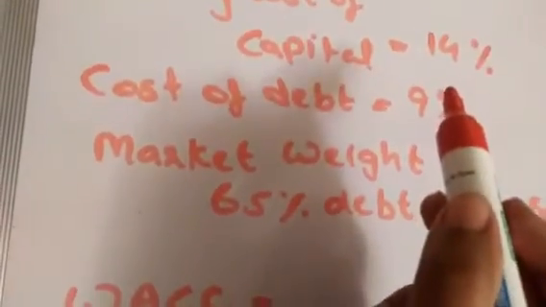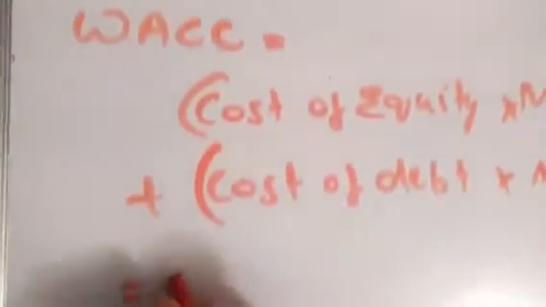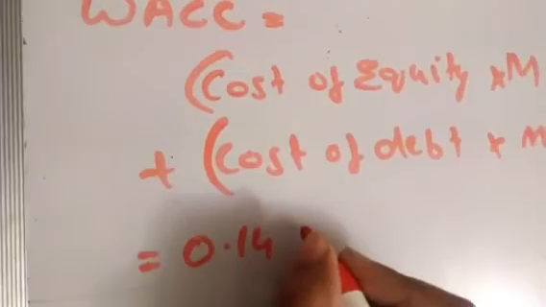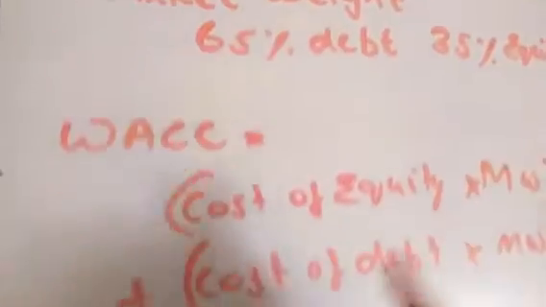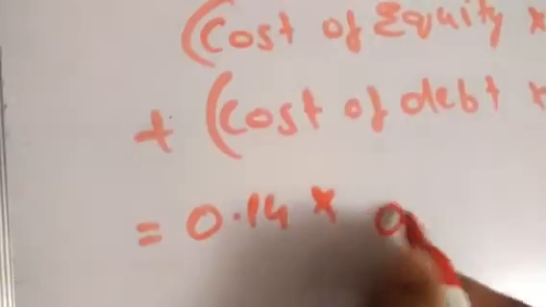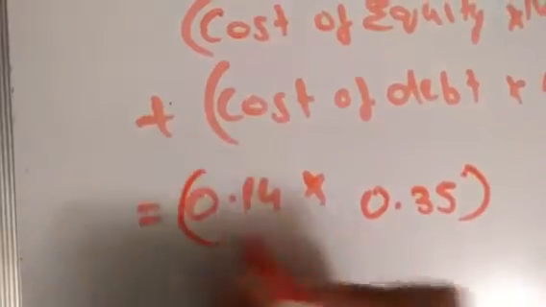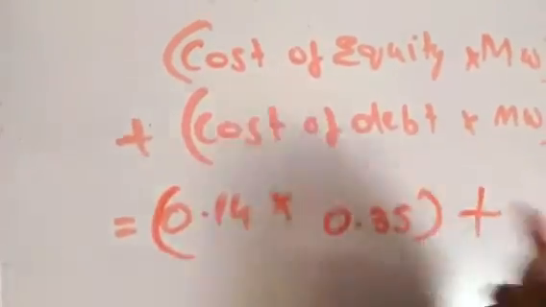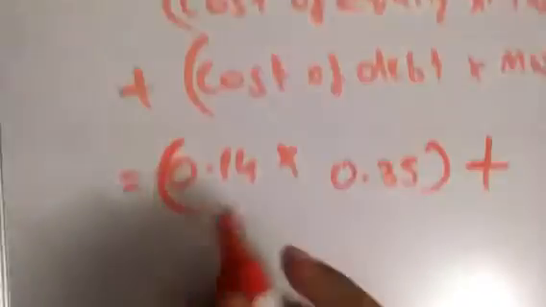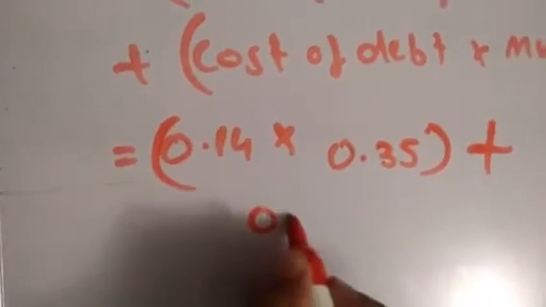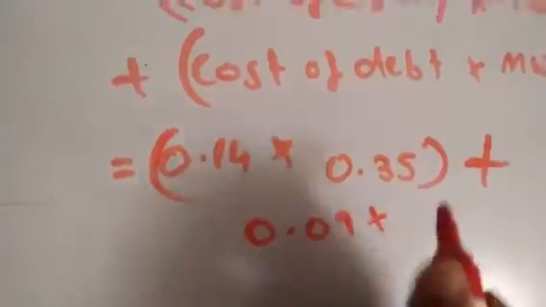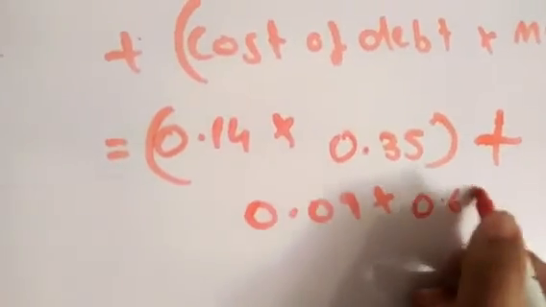Cost of equity is 14%, which is equal to 0.14, and we have to multiply it by the market weight, and the market weight is 35% equity, that is 0.35. Then we have to add cost of debt. Cost of debt is 9%, that is 0.09, into market weight. Market weight is 65%, so it is 0.65.